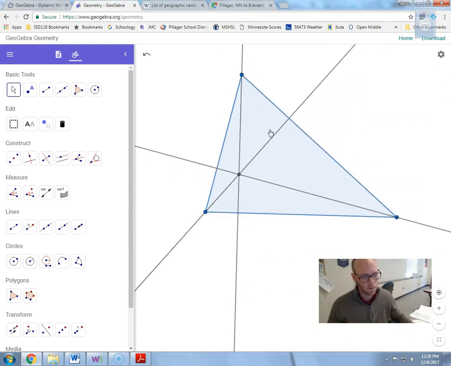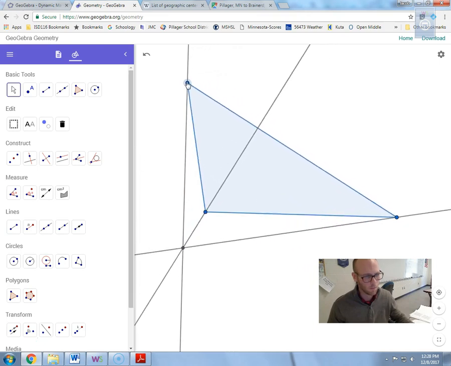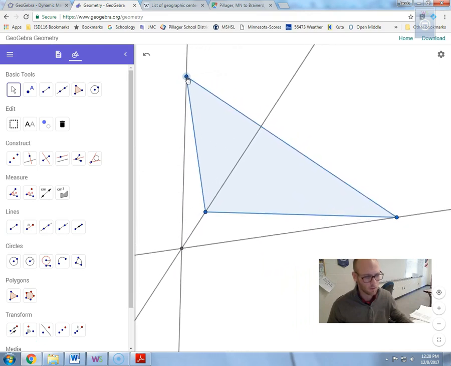And we see something kind of interesting happen here, particularly when I do it like this. The altitude, this line right here that's going mostly vertical, is an altitude. But that altitude, that height of this triangle, isn't even in the triangle. How can the height of a triangle not be in the triangle? Well, what are the requirements again?